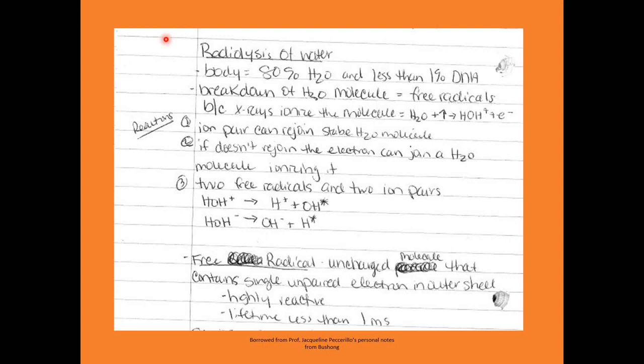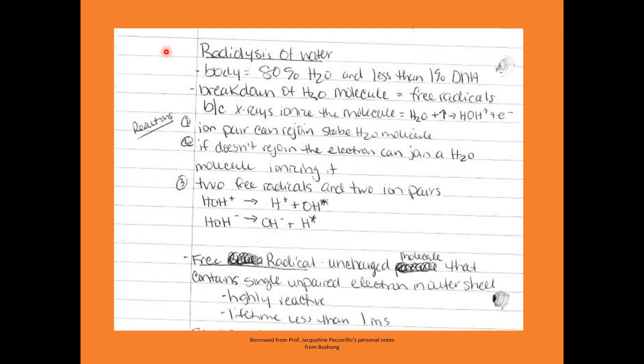Some major things that happen when the body is irradiated, we get those interactions, so we can have a direct or an indirect. And again, most of our reactions are going to be indirect. And the body will undergo a process called radiolysis of water. That's the breakdown of the water molecules within the body, and it eventually results in free radicals.